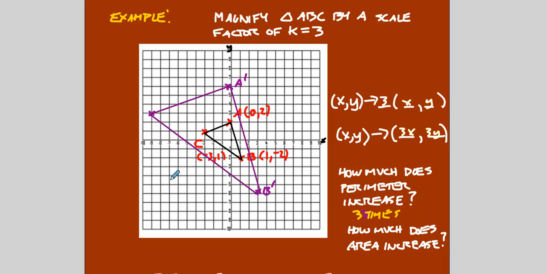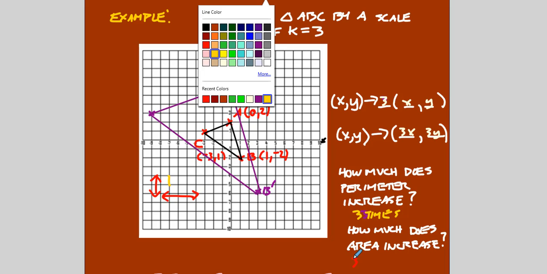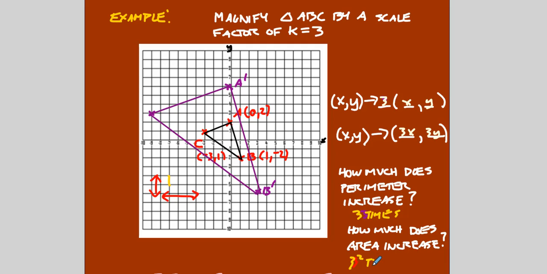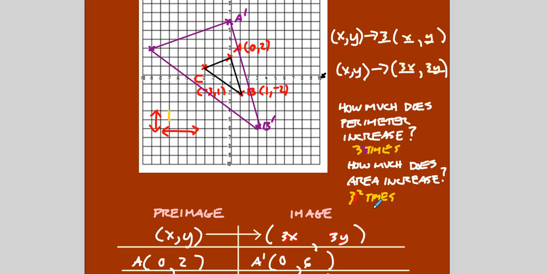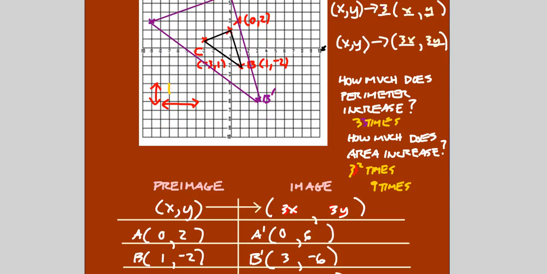Now area though is both in the x direction and the y direction. So in this case I'm increasing the x direction by 3 and the y direction by 3, so the area actually goes up 3 squared times, because it's 2-dimensional, which is 9 times.